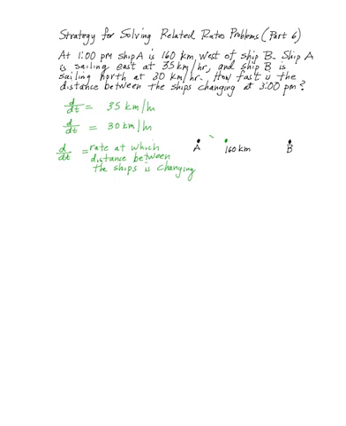This first dot here indicates the original position of ship A. This second dot here indicates the position of ship A at time t, where t is some positive value. So wouldn't this x be increasing at the rate of 35 kilometers per hour?